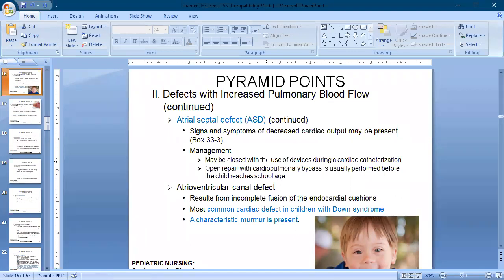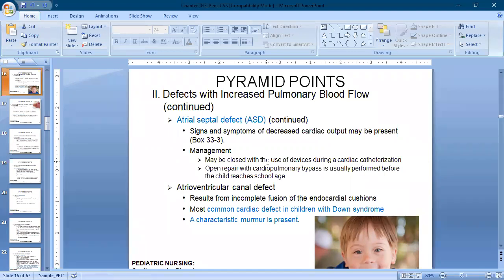After the procedure, we have to assess the pedal pulses, also the insertion site for bleeding, and keep the affected extremity straight and immobile for 4 to 6 hours.